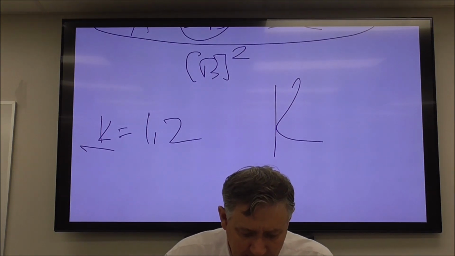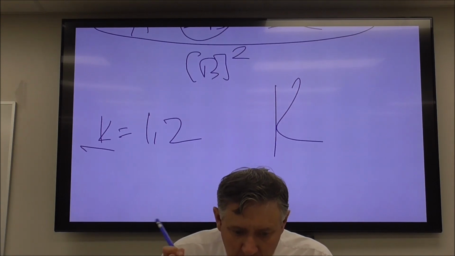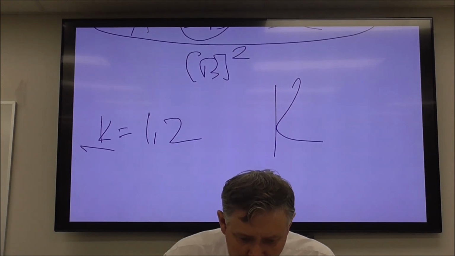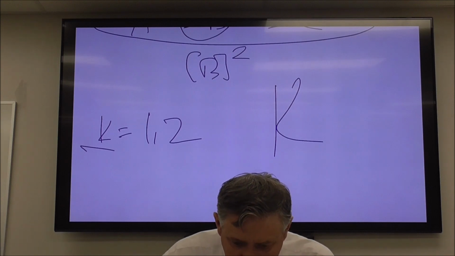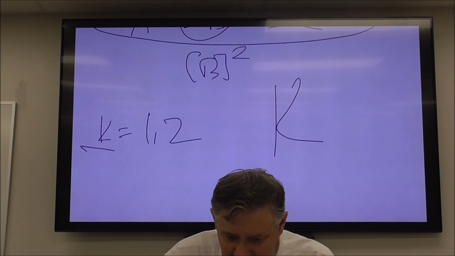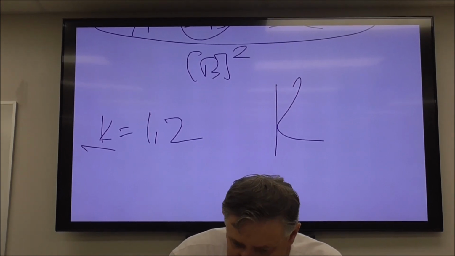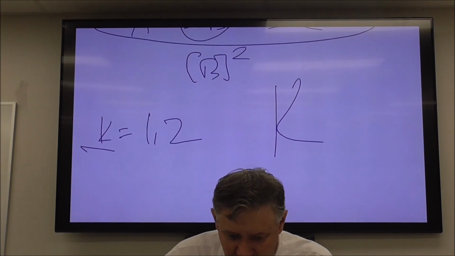On the photocopied page, the rate for that phosphorus, that P4, should be something times 10 to the negative 4th. And for the hydrogen, that should be something times 10 to the negative 3rd.